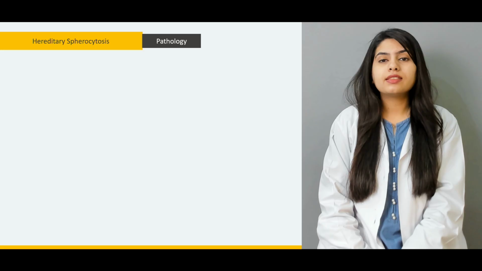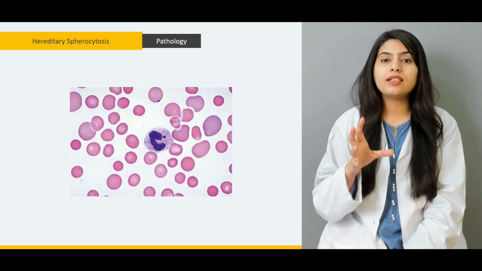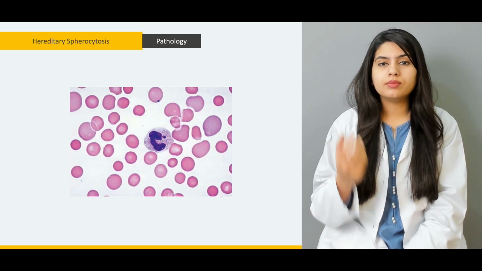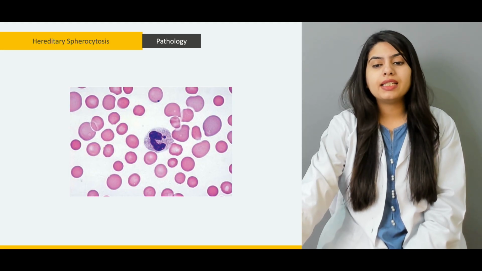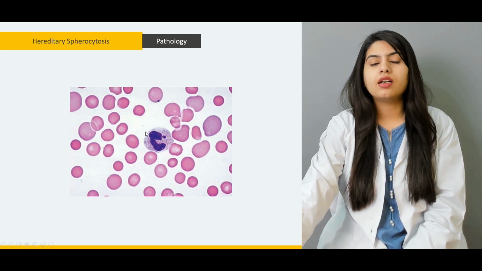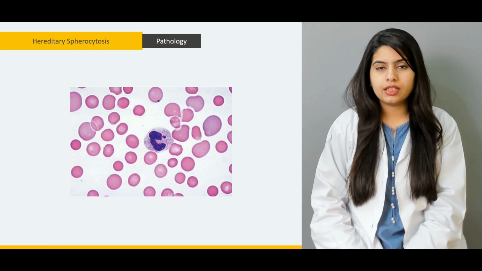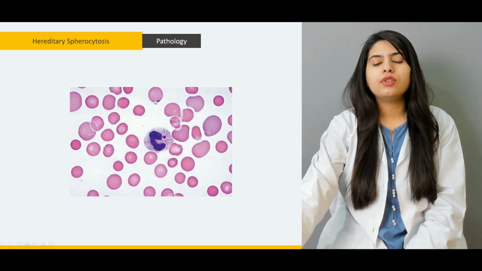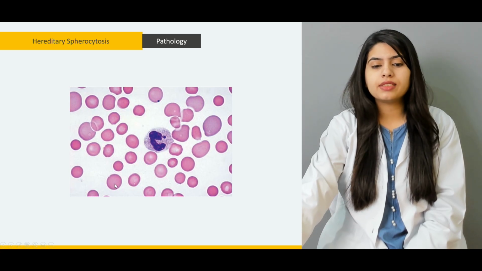Now, let's discuss the pathology of hereditary spherocytosis, how these cells appear on a histological slide, or what their morphology is. Basically, these cells cause normocytic anemia, and they are hyperchromic in nature. They are rich in pigment, and no pallor is present.